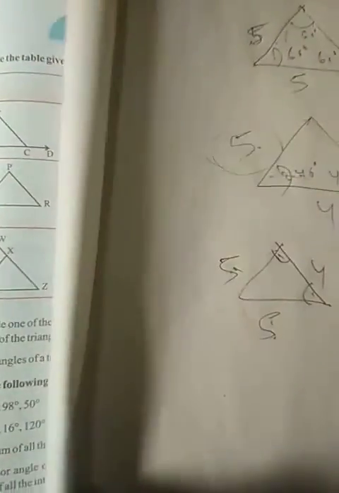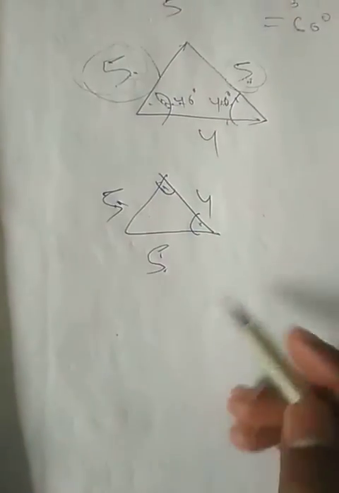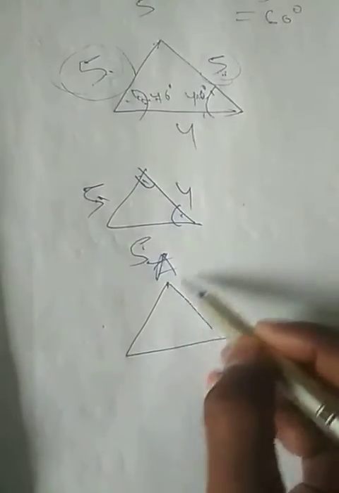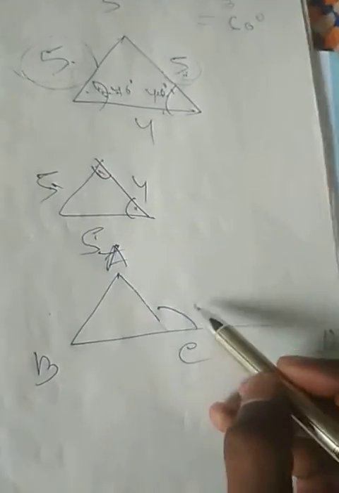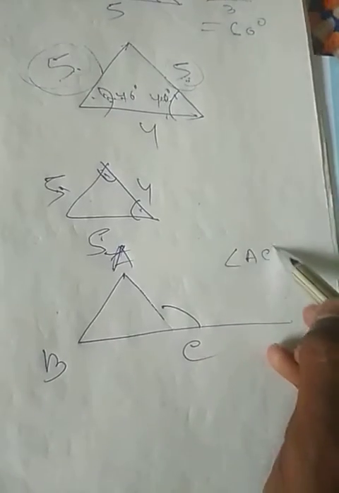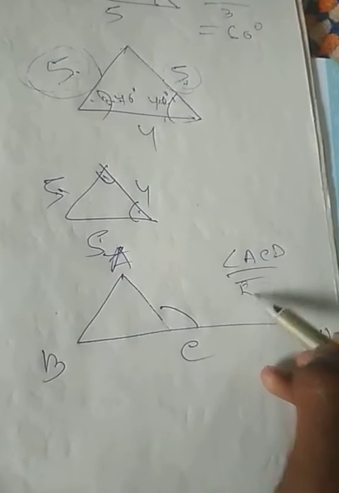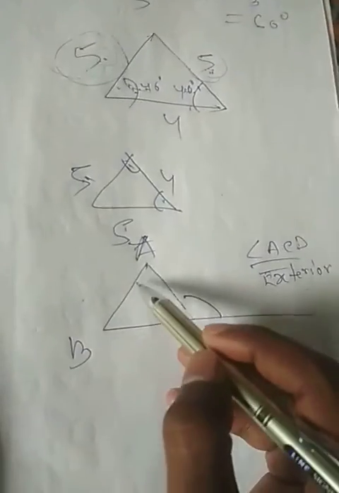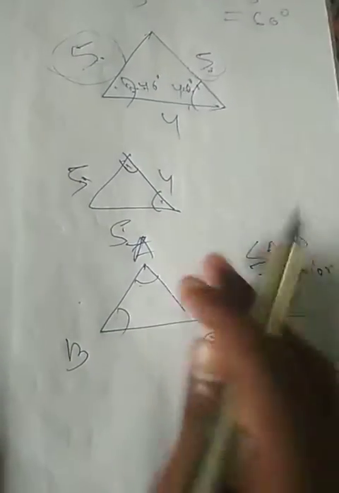We'll start the next exercise. That means here you have to know about the exterior angle and interior angle. Look at that. I'm giving the name ABCD. I already said that ACD is known as exterior angle. This is the sum of the two interior opposite angles.